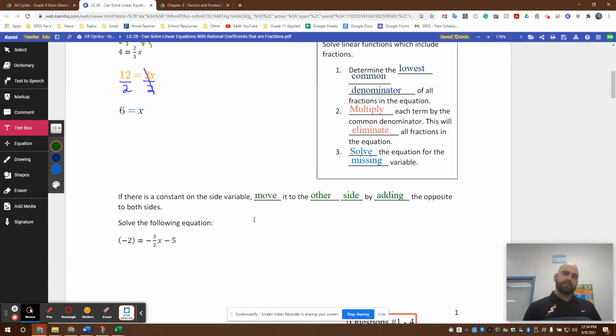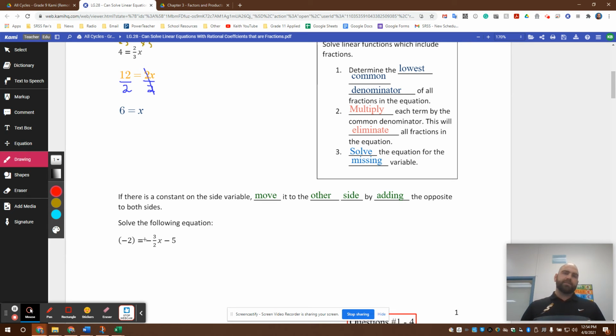Okay, so we're going to move it to the other side by adding the opposite to both sides. Now, in this case here, we have a -5, so we're adding +5. If we had a positive, we'd be adding a -5. It's the same as adding or subtracting, so we're just doing the opposite operation to move it over to the other side.